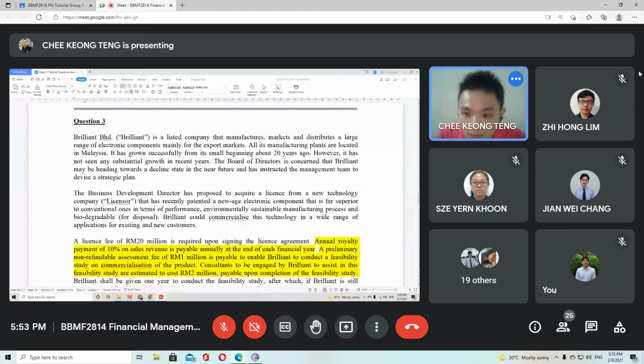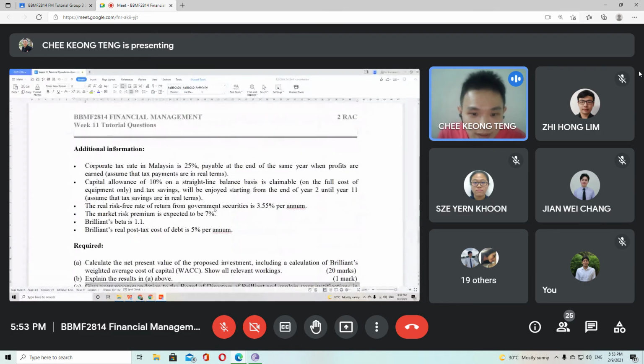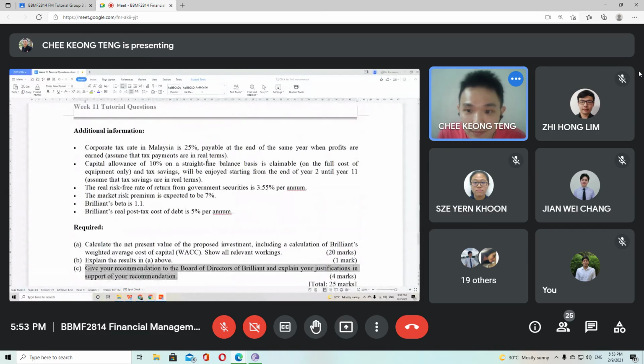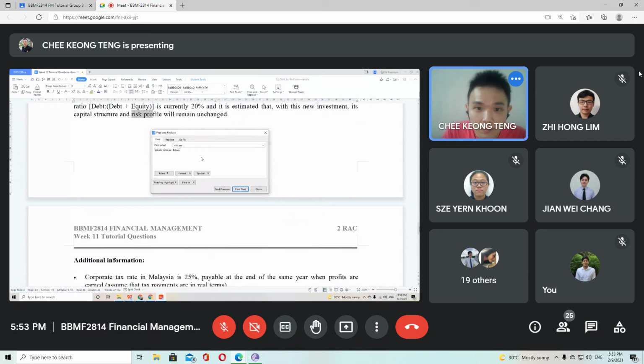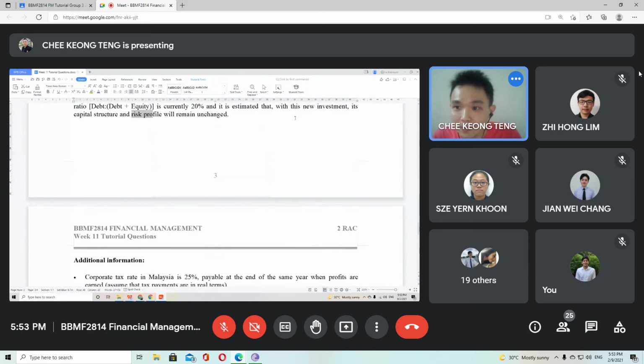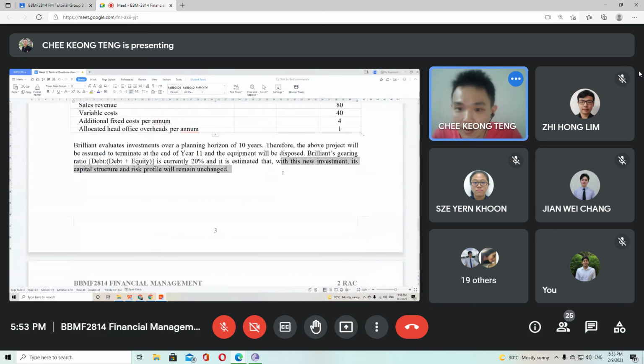This one is coming from here. Risk profile: there's an assumption saying that it will be the same. You see? With this new investment, its capital structure and risk profile will remain unchanged.